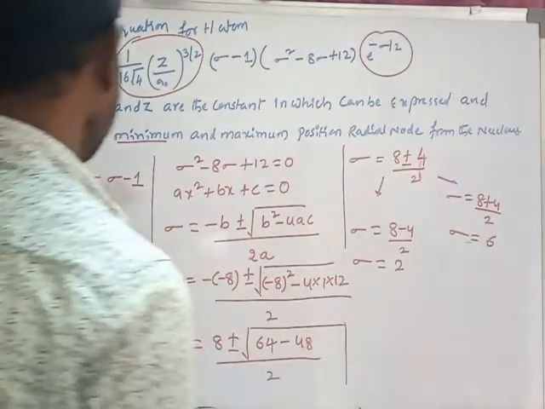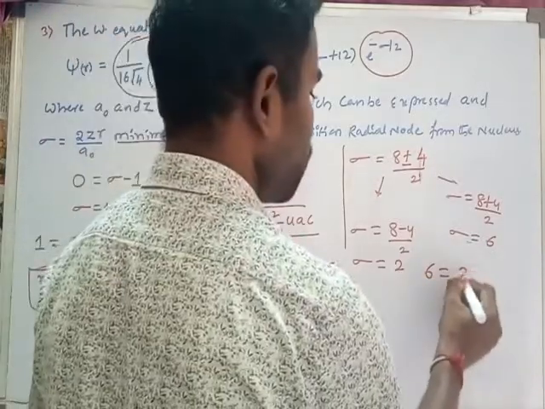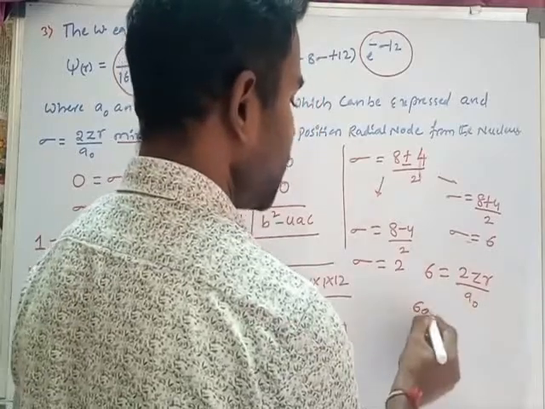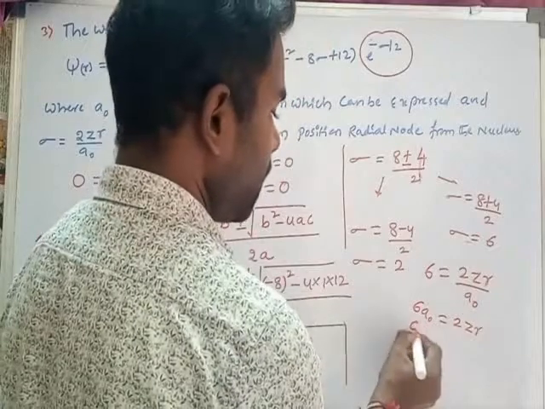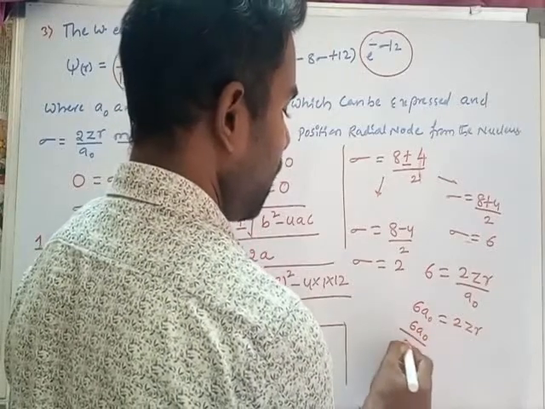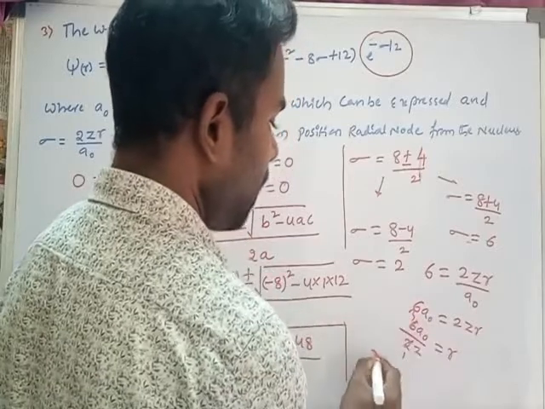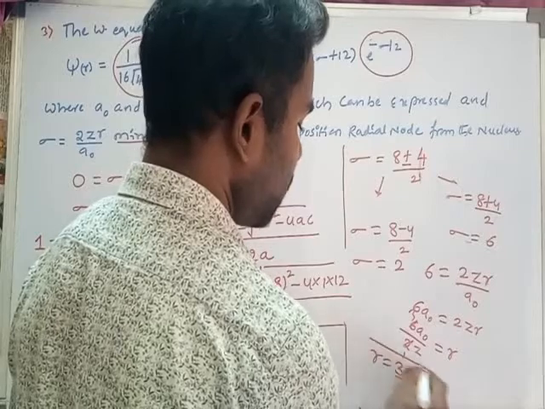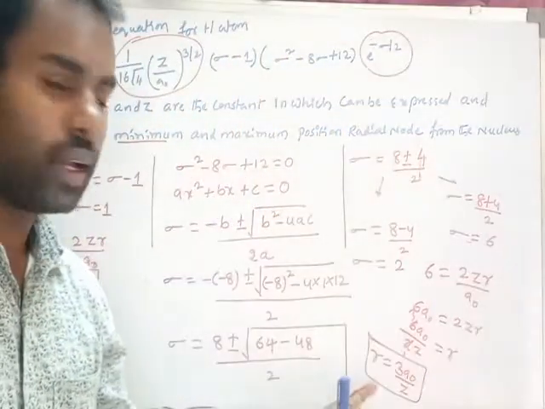Next, maximum position of radial node means 6 equals 2Zr by a0. 6 a0 equals 2Zr. So from that 6 a0 by 2Z equals r. Finally r equals 3 a0 by Z. So here this is the maximum position of radial node from the nucleus.